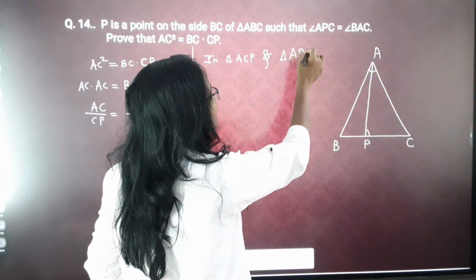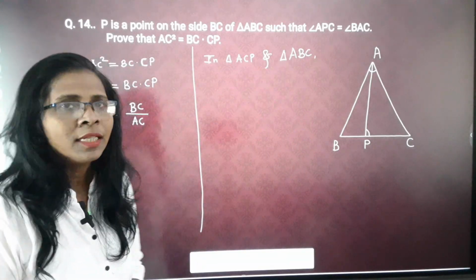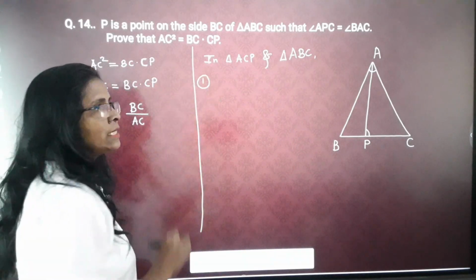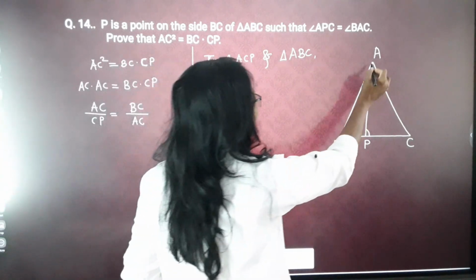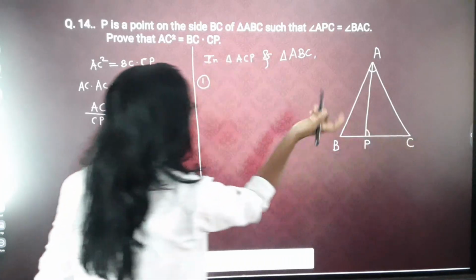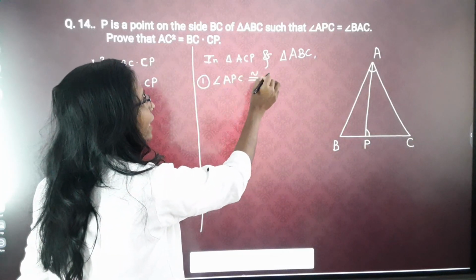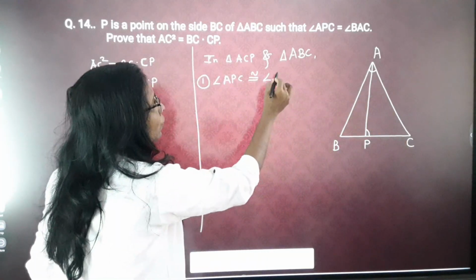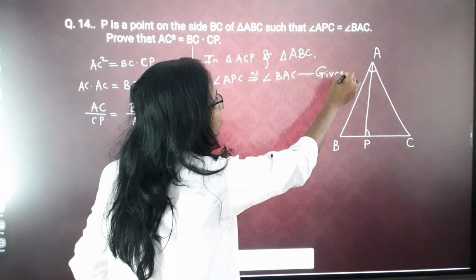So in triangle ACP and triangle ABC, the first component is that angle APC is congruent to angle BAC, and we write given.